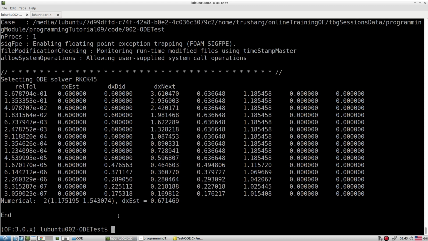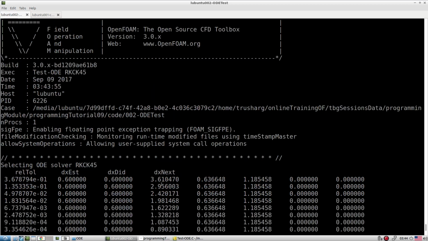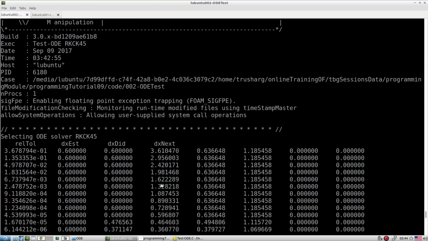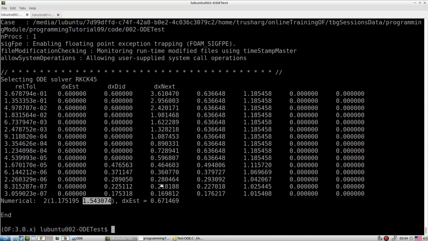So that's fine. We have an answer of 1.175, and this is y equal to 2, definitely because the number of equations is 2. So that is how one can quickly create this ordinary differential equation solver and run it very quickly.